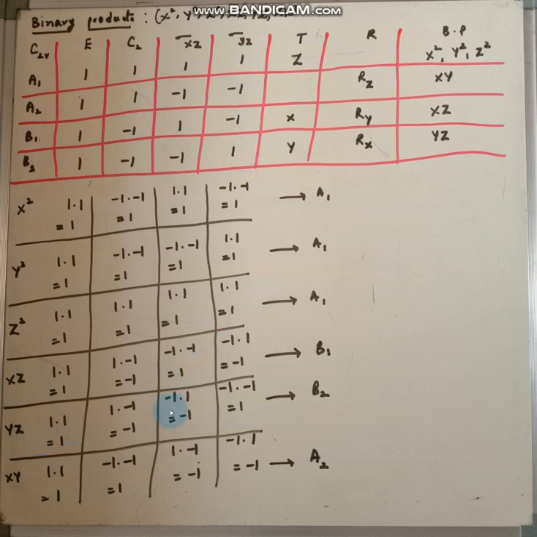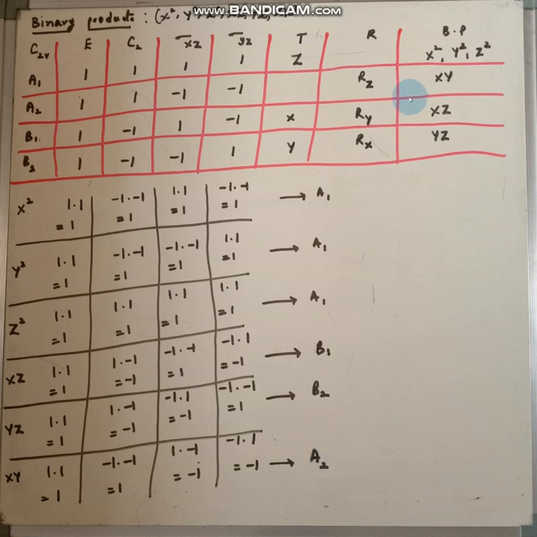That corresponds to B2. And finally xy is the multiplication of x with y: 1 into 1, minus 1 into minus 1, 1 into minus 1, minus 1 into 1, that is 1, 1, minus 1, minus 1. It corresponds to the irreducible representation A2.